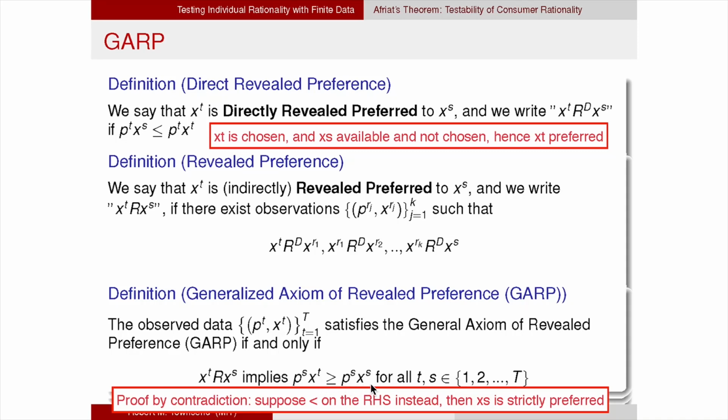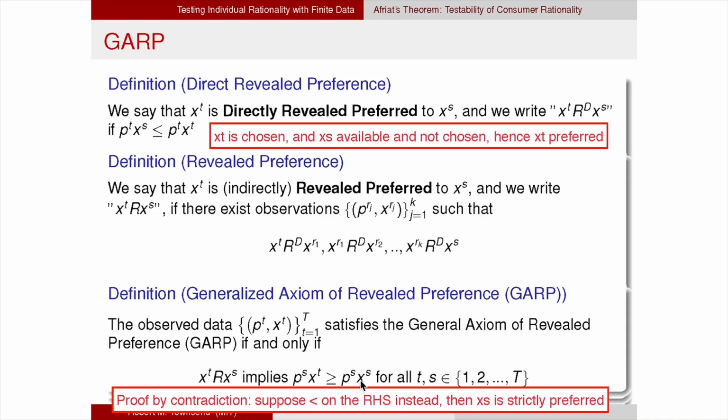And the intuition, as I wrote in red at the bottom of the slide, is simply: imagine this inequality is reversed. Then we would have at prices PS, XT is within the budget, hence XS ought to be at least weakly, if not strictly, preferred, because XS was chosen and XT was available.